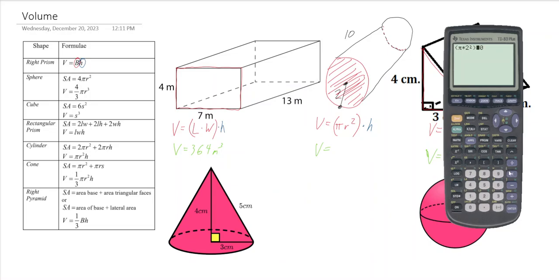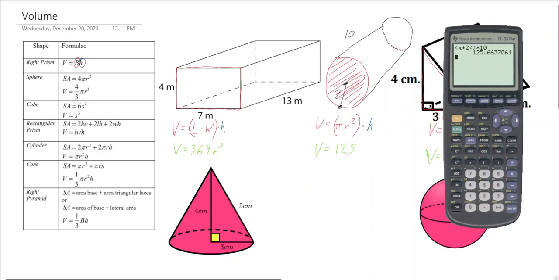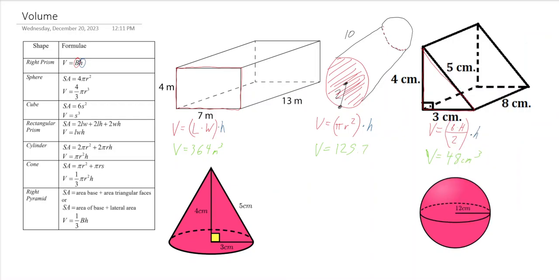Well, let's do it anyway. Times 10. Brackets aren't necessary here, but I'm doing them anyway. So 125.7 centimeters cubed. I'm going to pretend like I wrote centimeters before. Alright, so those are all different right prisms. It's a rectangular prism, it's a right prism, it's a cylinder, so all of those are now done.